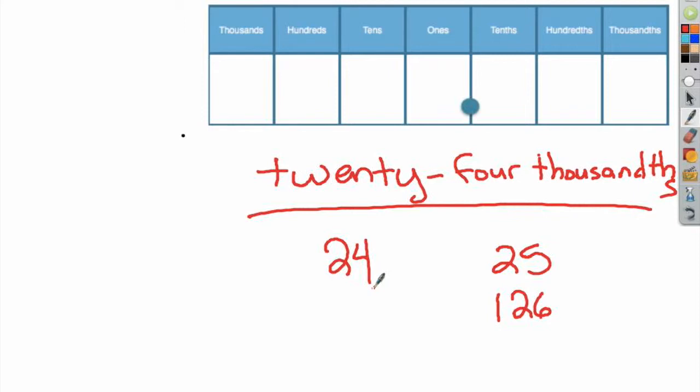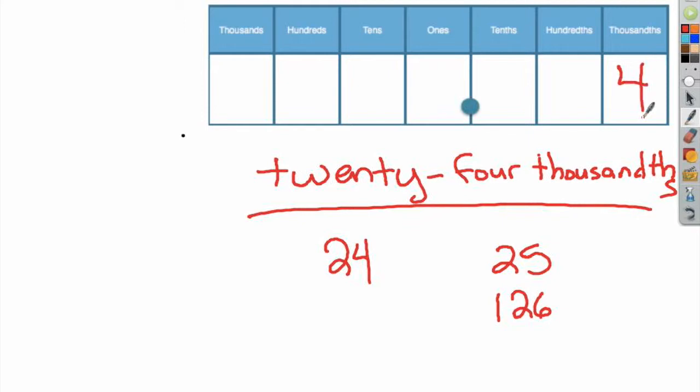What's the word that you say when you finish this, 24 thousandths? Thousandths. So where's the 4 going to go? Good. The 4 will go in the thousandths place.